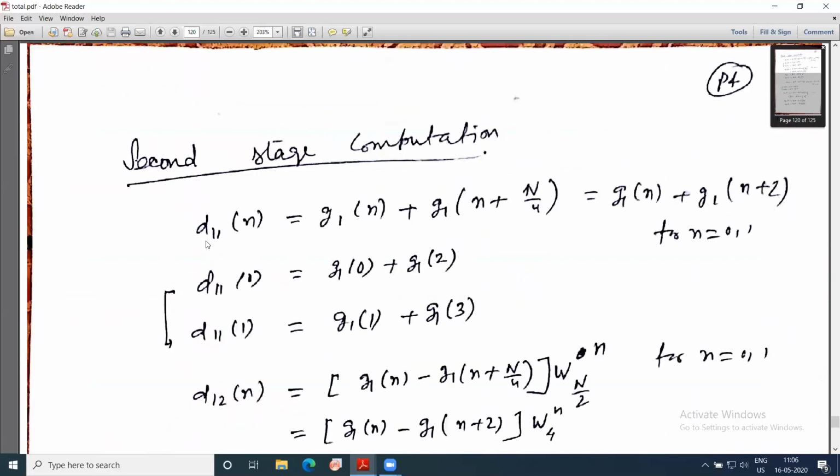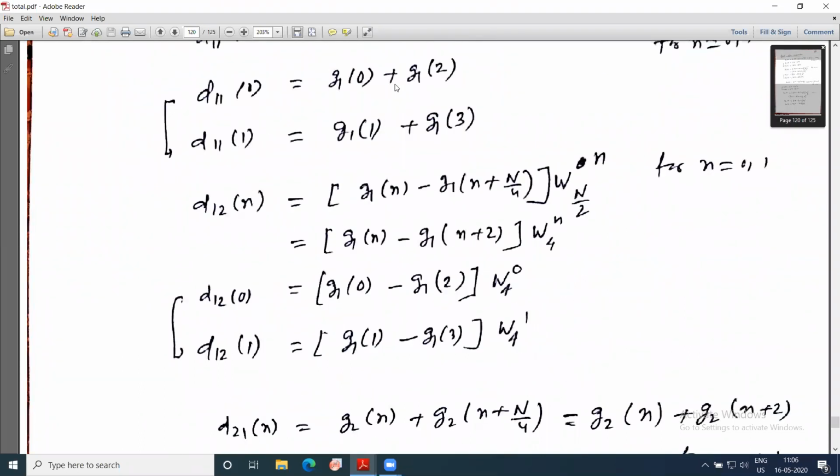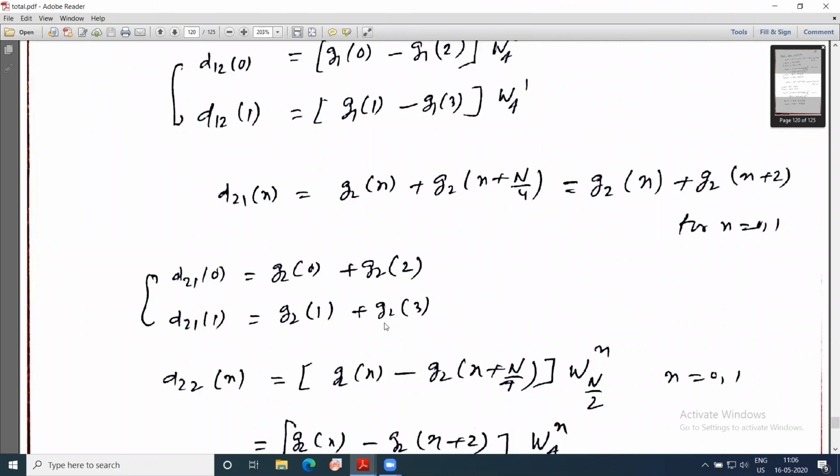I require this expression. So D11 of 0 equals G1 of 0 plus G1 of 2. In the first stage, I have computed G1 of 0 and G1 of 2. Once this is computed, then in the next stage I can add these two, and then I will get D11 of 0.